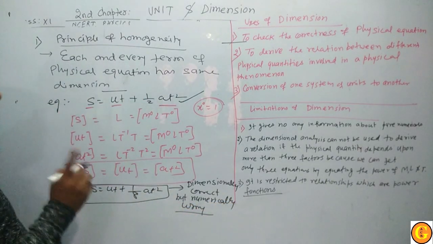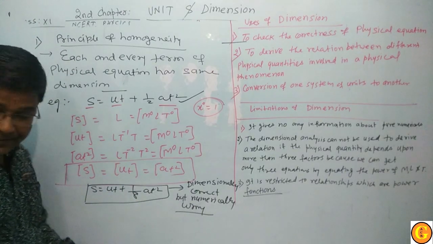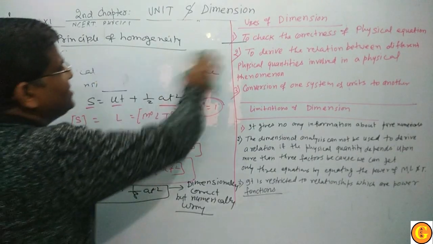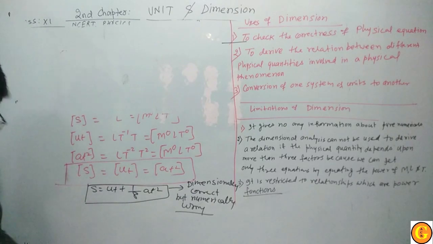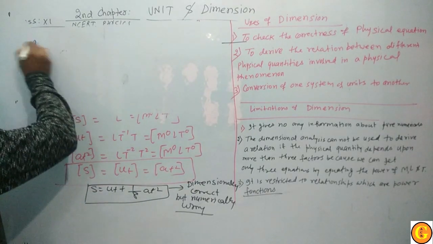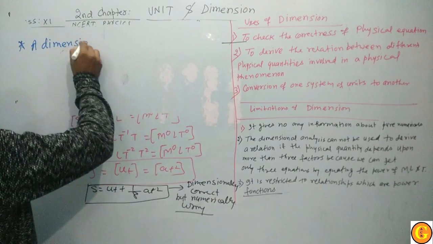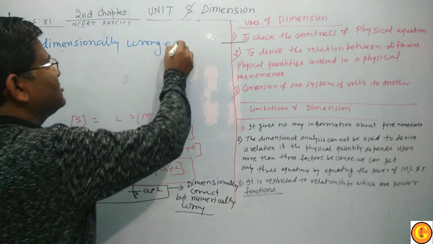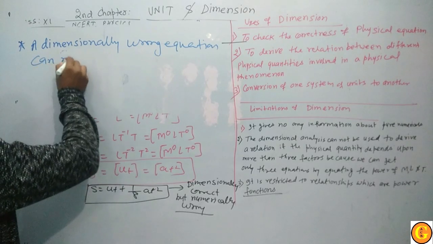Then one conclusion came after this example. Which conclusion? A dimensionally wrong equation cannot be correct.